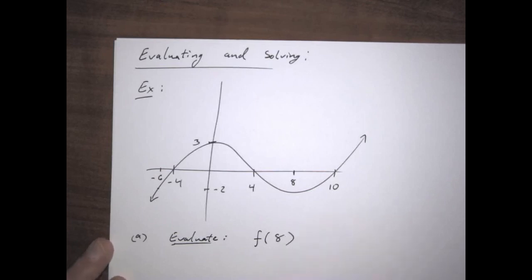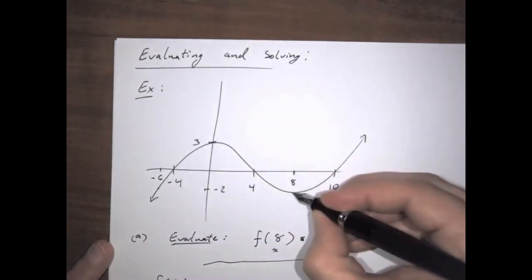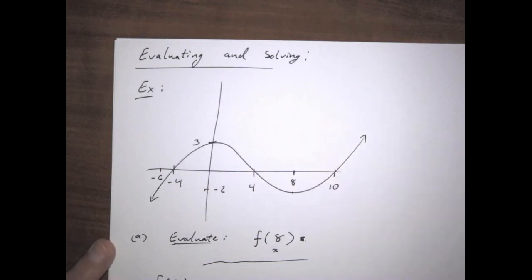So what this means is that the x value here is 8, and it's up to us to find the y value. So x coordinate of 8 puts us here, and the point on the graph at that x value is that one down there, which has a y value of -2.